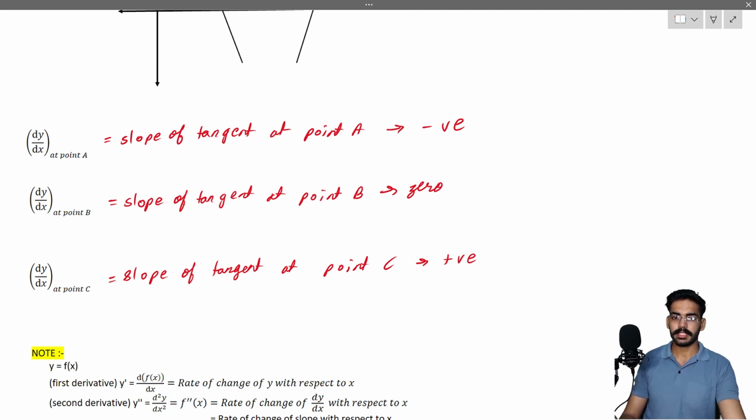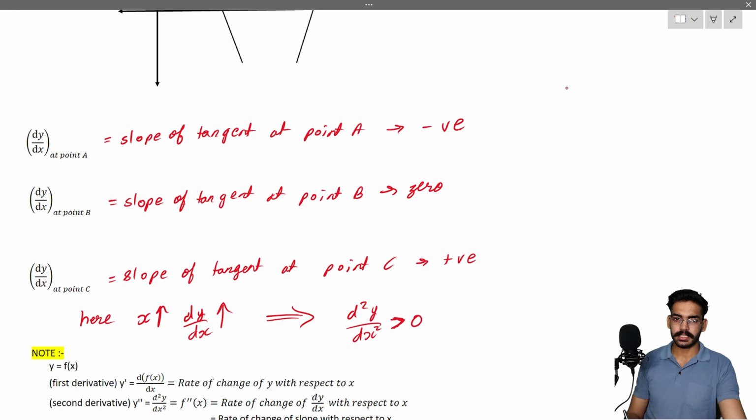This means when I am increasing the x value, dy by dx is also increasing. So if I increase x, dy by dx is also increasing, and what we can say is d2y by dx square is greater than 0.